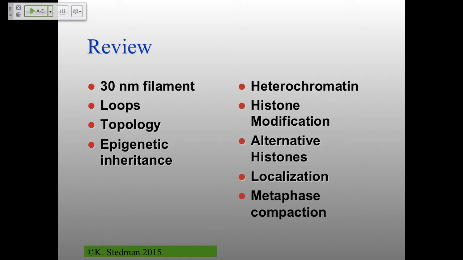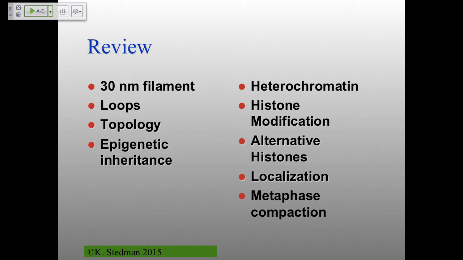And so those histone modifications can be passed along through different generations, and usually that has to do with the replication step. So if you replicate your DNA, and then that DNA is associated with particular histone modifications, or for that matter, alternative histones like CENP-A, those then are going to reassociate with that piece of DNA.